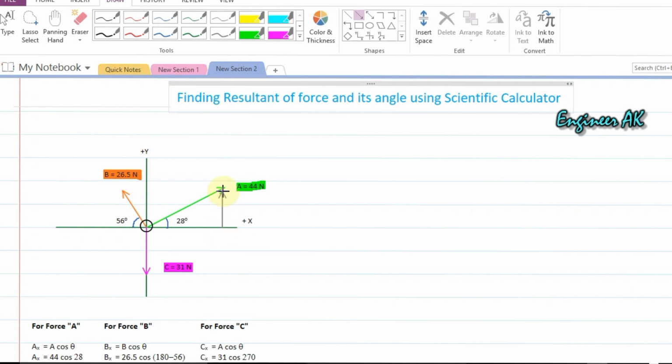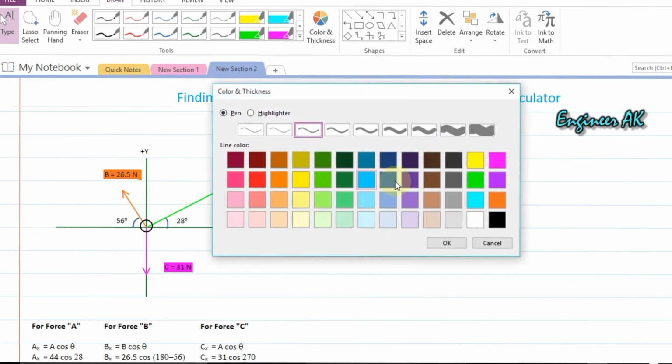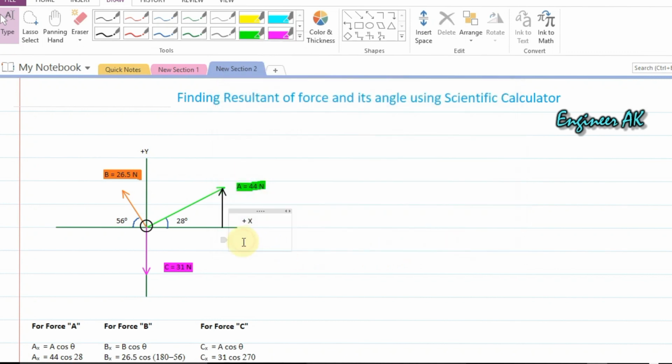One component is in the y direction. Let me change its color so you can easily see this black one. The other component is on the x-axis, its x component. These are the two components. The same I draw for force B, which has a magnitude of 26.5 Newton and makes an angle of 56 degrees with the negative x-axis.